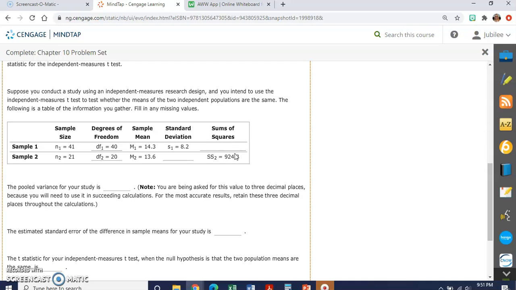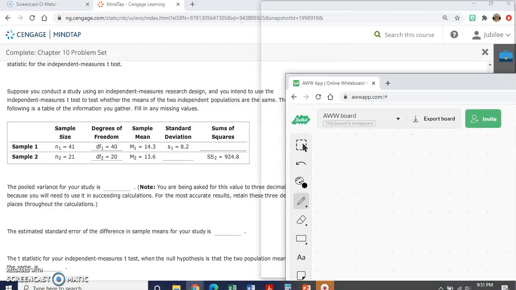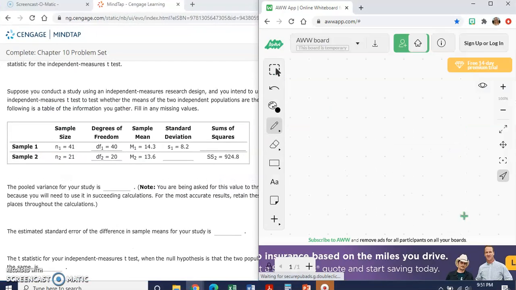So I'm missing a sums of squares, and I'm missing a standard deviation. So remember that to calculate the standard deviation, you need the square root of the sums of squares divided by n minus 1, or degrees of freedom.